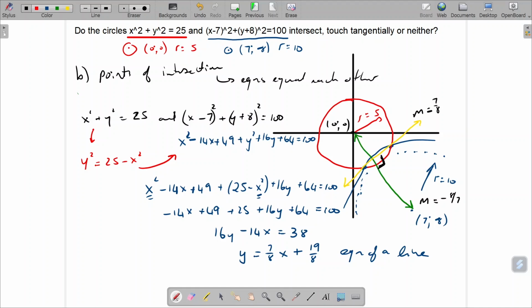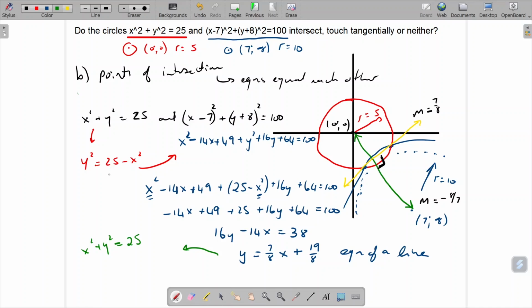To get the actual points of intersection, you're going to have to do some more work. What you'll now do is put this equation into x squared plus y squared equals 25.